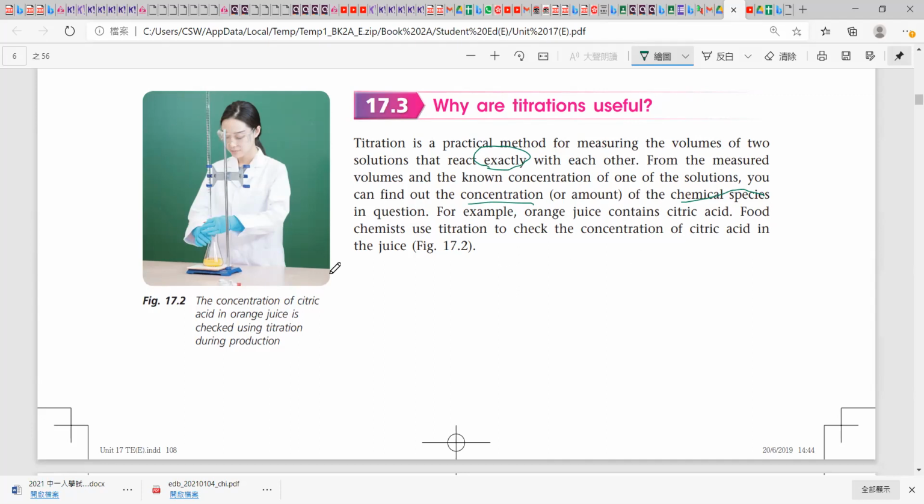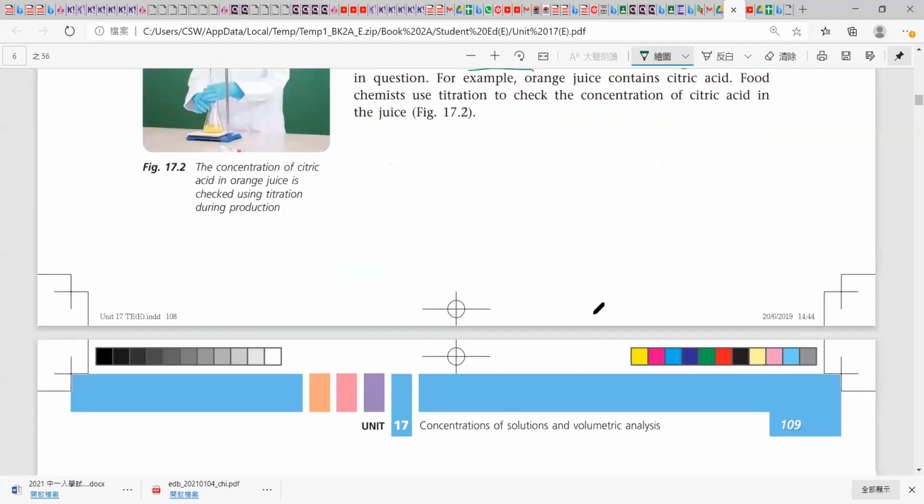We call it titration, 滴定法. So in chemical analysis, titration is a very important measurement method for you to know exactly what amount of the chemicals is found inside the solution. I repeat, inside the solution.